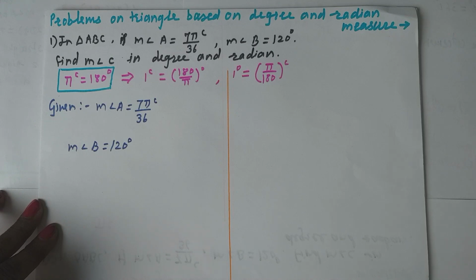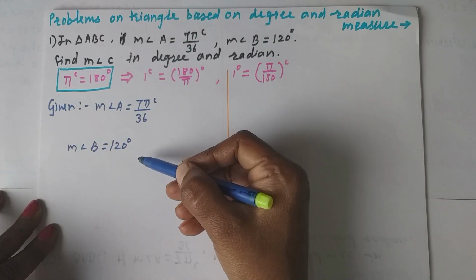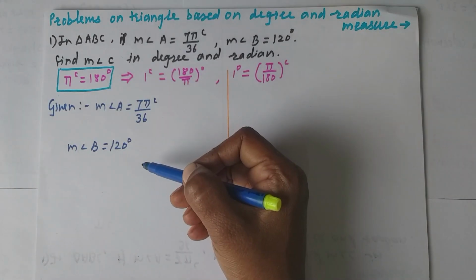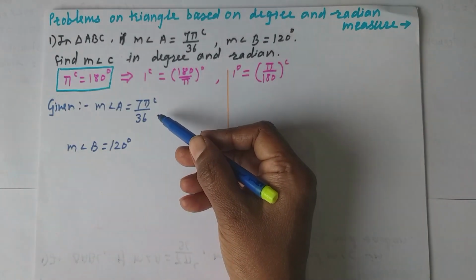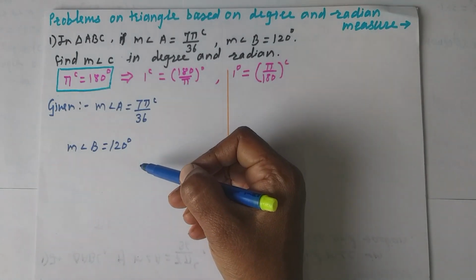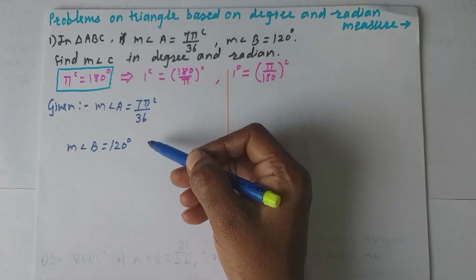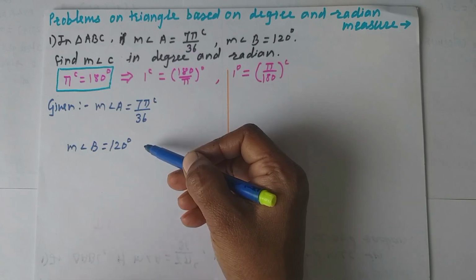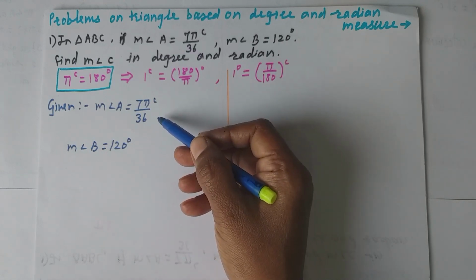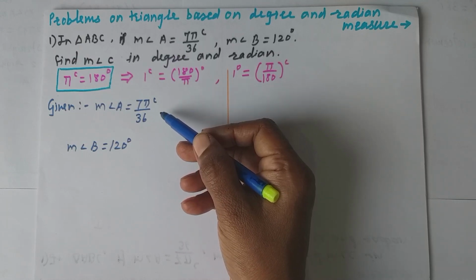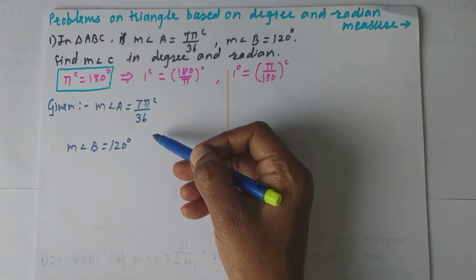That is, the angles should be either in degree measure or in radian measure. Here, one of the angles is in radians and the other angle is in degree. Means here, I have to convert this radian angle into degree or this degree angle into radians. For your convenience, it is easy to convert this radian angle into degree.